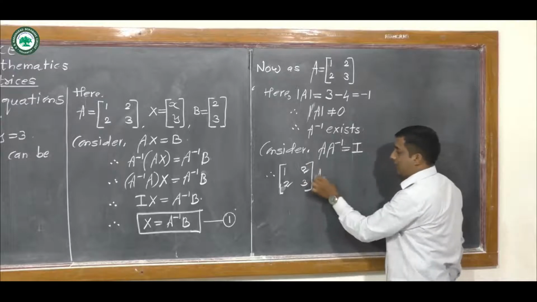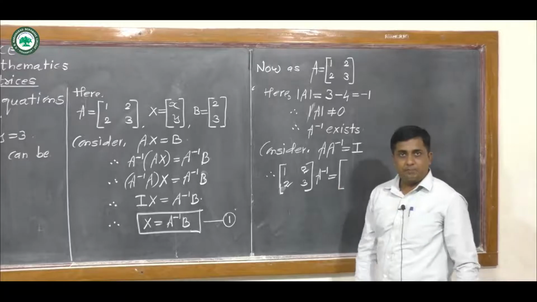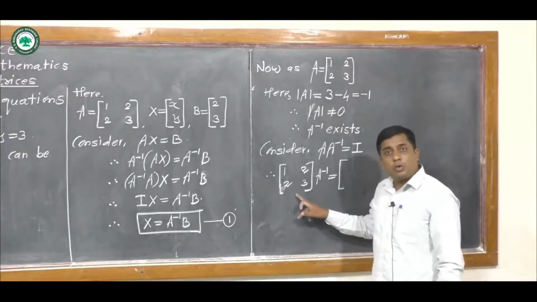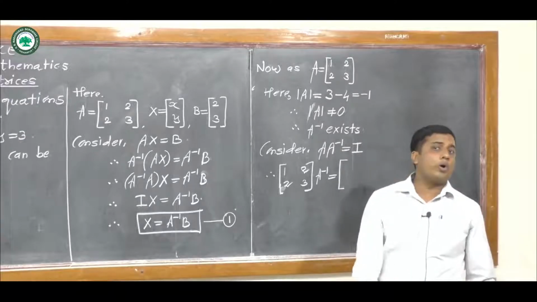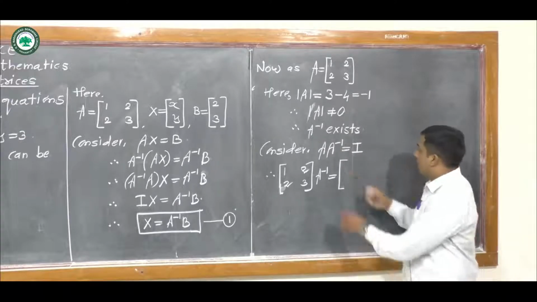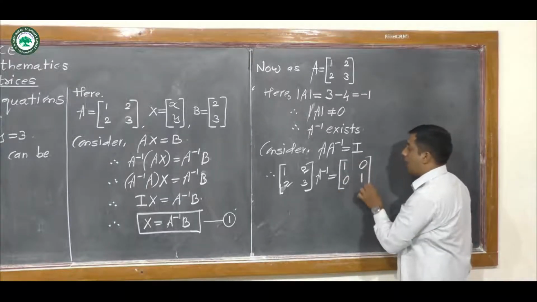Then we keep A inverse as it is. This is equal to identity matrix. If A is having order 2 by 2, then the identity matrix is also having order 2 by 2. So here elements are 1, 0, 0, 1.